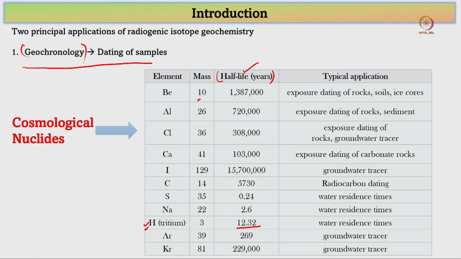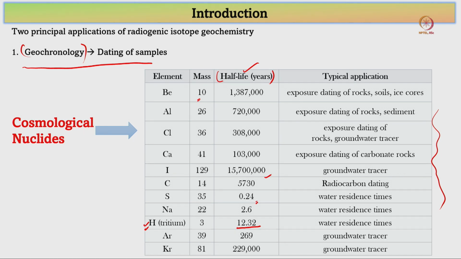So, for different kinds of applications, we have different kinds of isotopes, and as you can see, their half life is very variable. It can be as low as 0.24 years, very short lifespan, to as high as this one, very long lifespan.